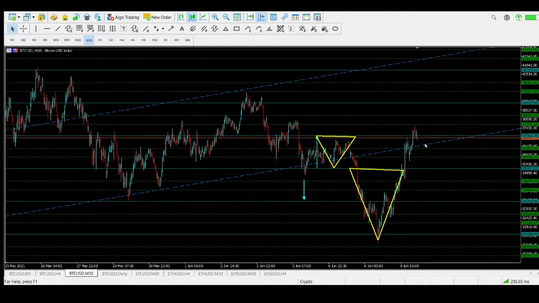But if it holds above 37,061, we'll be looking at testing these, the minor ones in the middle of these trading zones. But if it fails to hold there, then at 37,061 we'll probably be coming down.